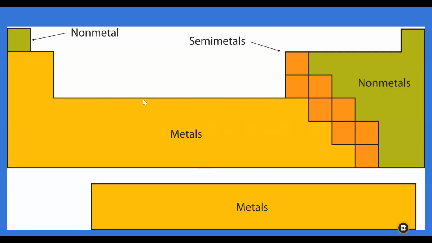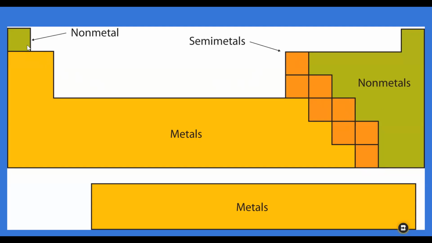Everything on the left side of the staircase is metal. Everything on the right side of the staircase is non-metal. Then on the staircase are the semi-metals or metalloids. Though this element is located here, it is a non-metal, and that's hydrogen.